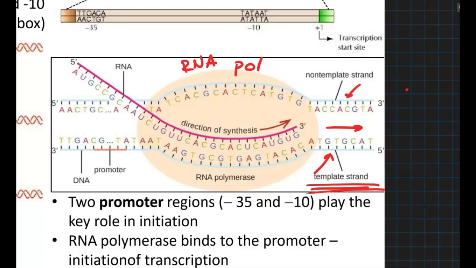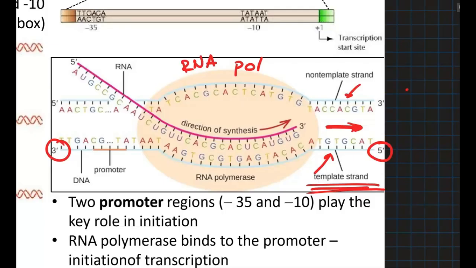Now, how do I know that it moves from left to right? Because a DNA molecule is read from 3' to 5'. It's the law. Okay? Good? So it reads the template strand from 3' to 5'.